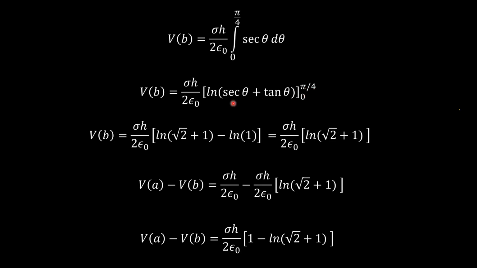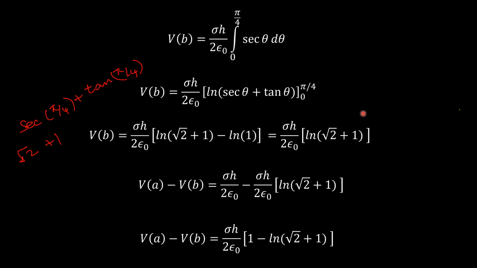First apply the upper limit, that is secant pi by 4 plus tan pi by 4. So this secant pi by 4 is square root 2, and this tan pi by 4 is 1 for upper limit. So this will become natural logarithm of square root of 2 plus 1.